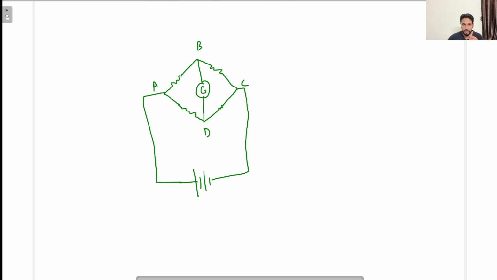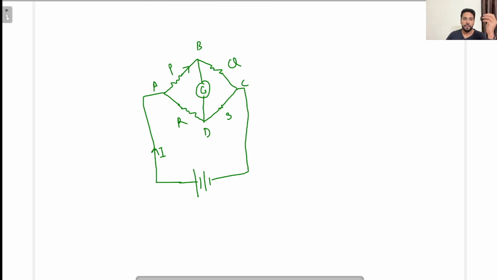This is the total current I. From point A, the current is going to be divided into 2 parts. One is going to be I1. This is resistance P and this is Q. This is resistance S and this is resistance R. So I have 4 resistors and their names are here.